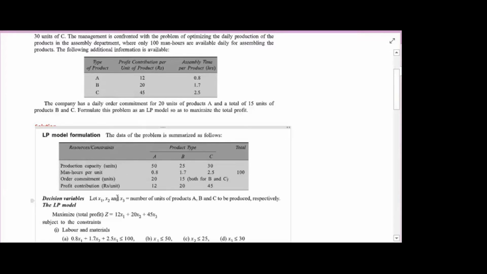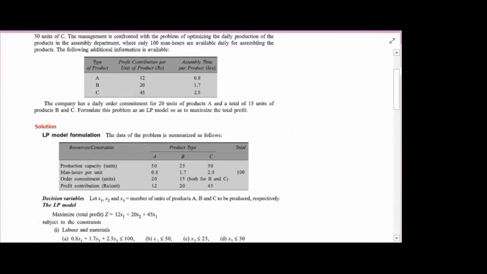So let us assume x1, x2, x3 are the number of units of products A, B, and C to be produced respectively, right? If the number of units of A, B, C are known and profit per unit is also given, then we can define our objective function. So your objective function will be 12x1 plus 20x2 plus 45x3, right?